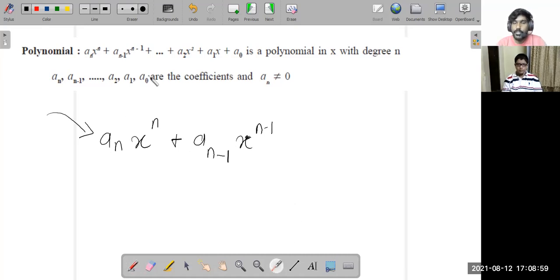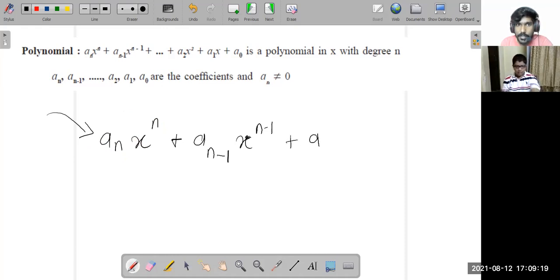If you see, for the variable, n is the power. But for the coefficient, n denotes the term. I'll show you what this means exactly.